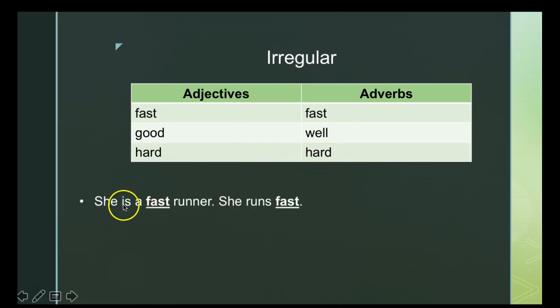Let's see some examples. She is a fast runner. Fast describes the noun, so this is an adjective. She runs fast. This is an action verb. And then we have the adverb. She runs fast.